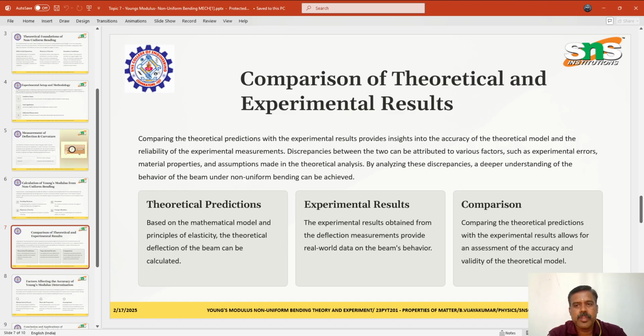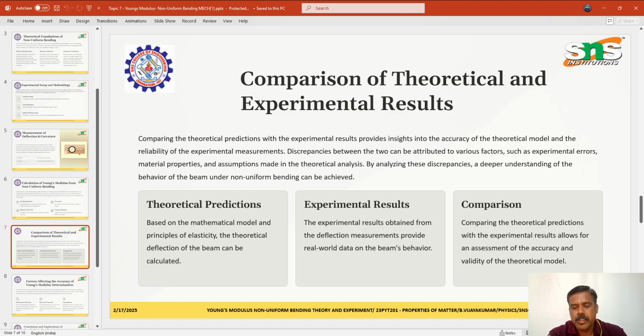Then, comparison of theoretical and experimental results. The theoretical predictions use mathematical models and principles of elasticity. The theoretical deflection of the beam can be calculated. The experimental results obtained from the deflection measurements provide real-world data of the beam behavior.